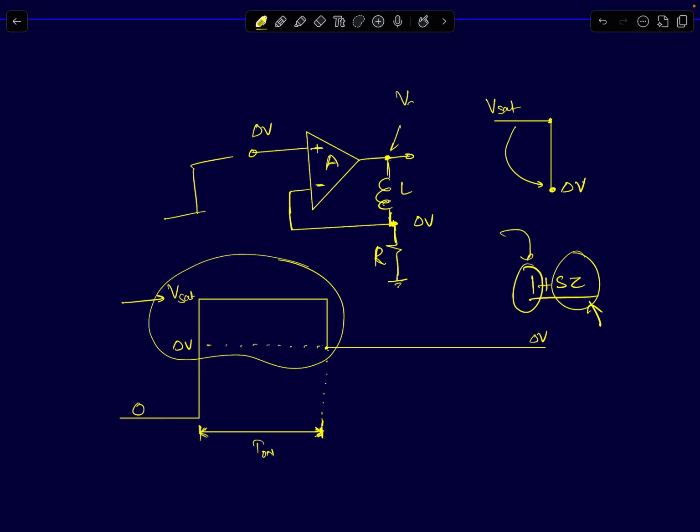It starts at Vsat and reaches delta V volts. So that's it about the step response of a non-inverting RL differentiator.